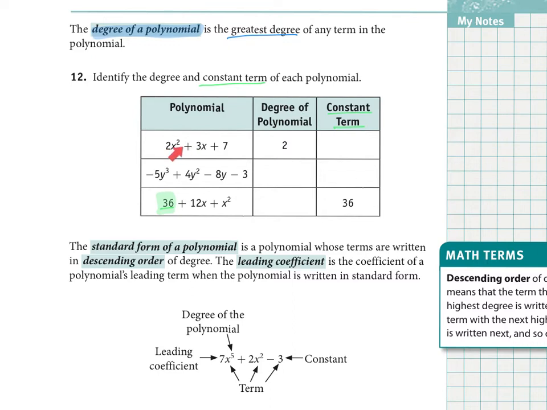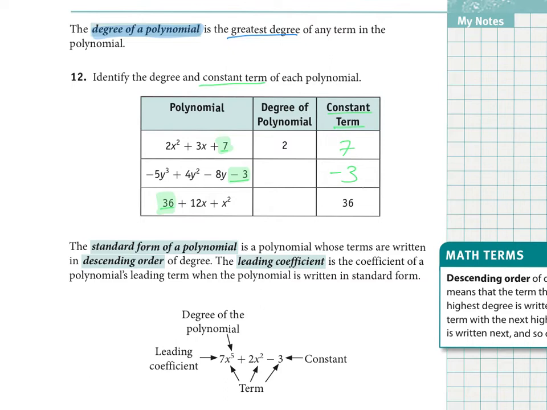If we look at our first example, we can see, whoa, our constant actually comes last. So it's going to be 7. For our second example, we can see our constant is right here. Remember, it's not just 3, it's a negative 3. So we have to make sure we include that sign as well.